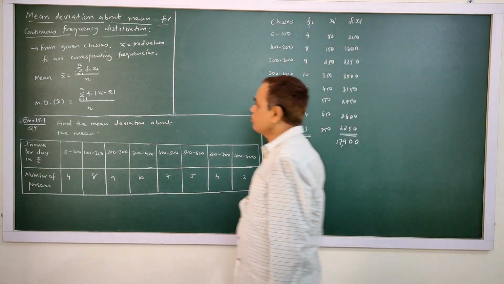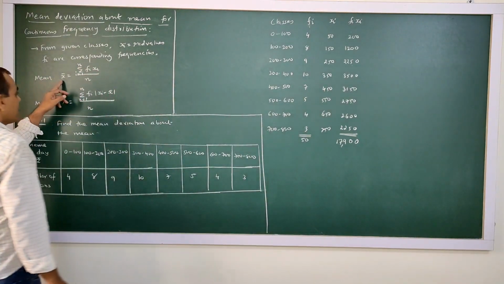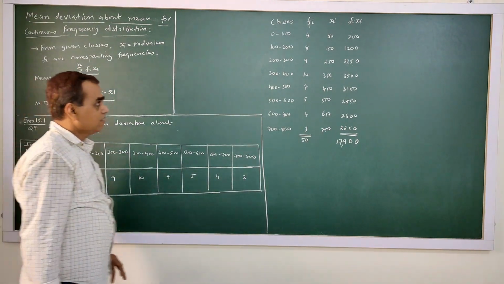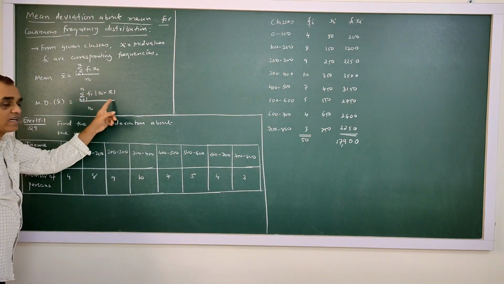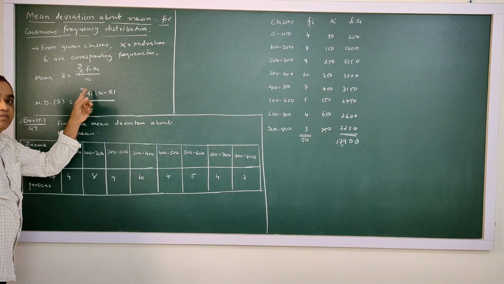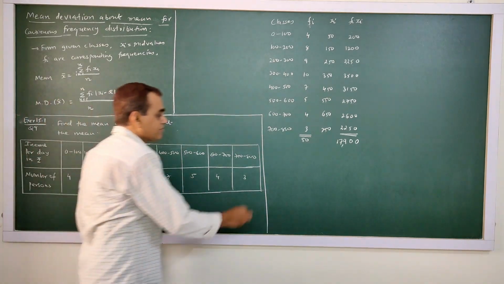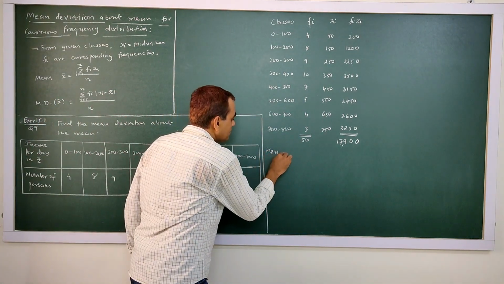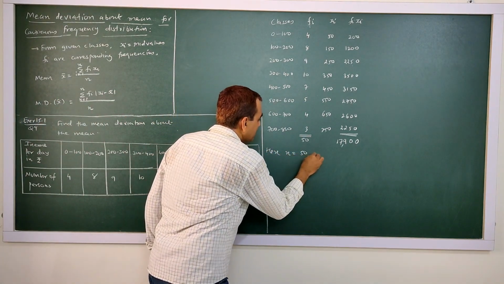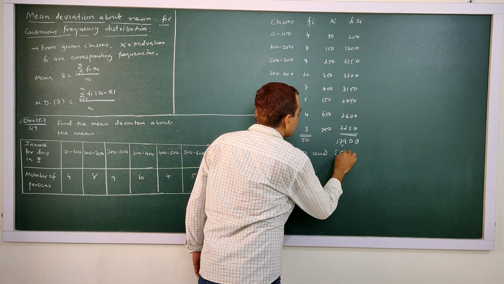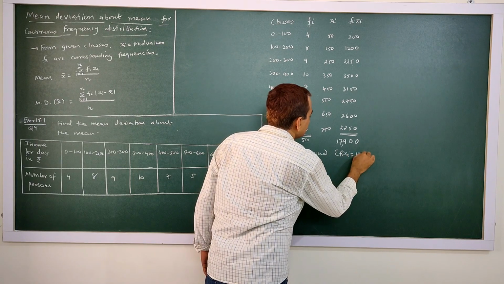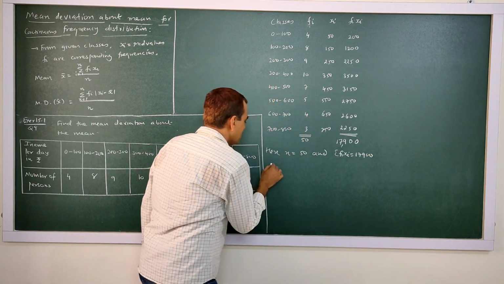After getting Fi into xi, we calculate mean. So after having value of mean, next column can be prepared. So here n is 50 and sigma Fi xi is 17900.